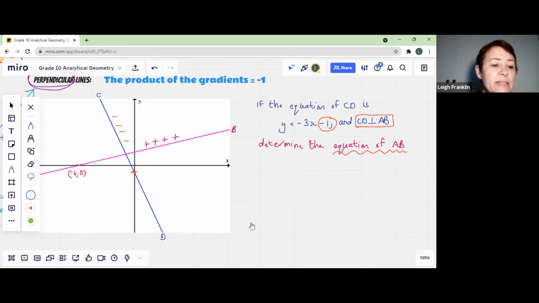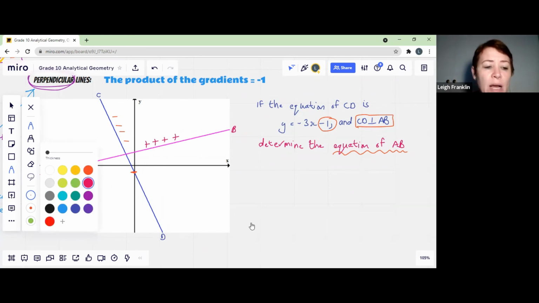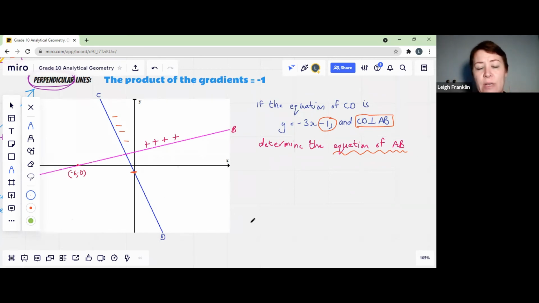And what has been discovered in maths is that when two lines cross one another at right angles, when we multiply their gradients together, we always get -1.